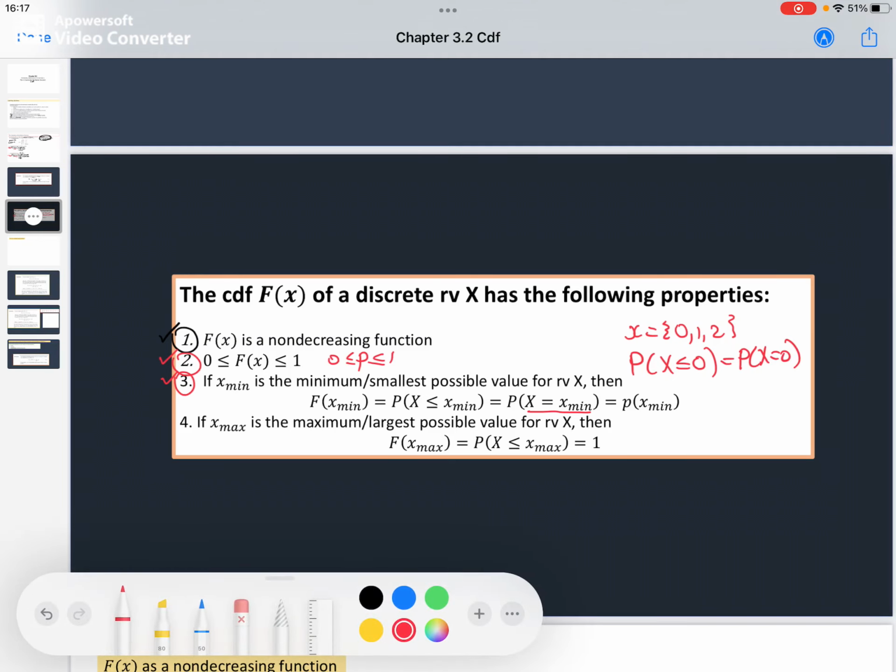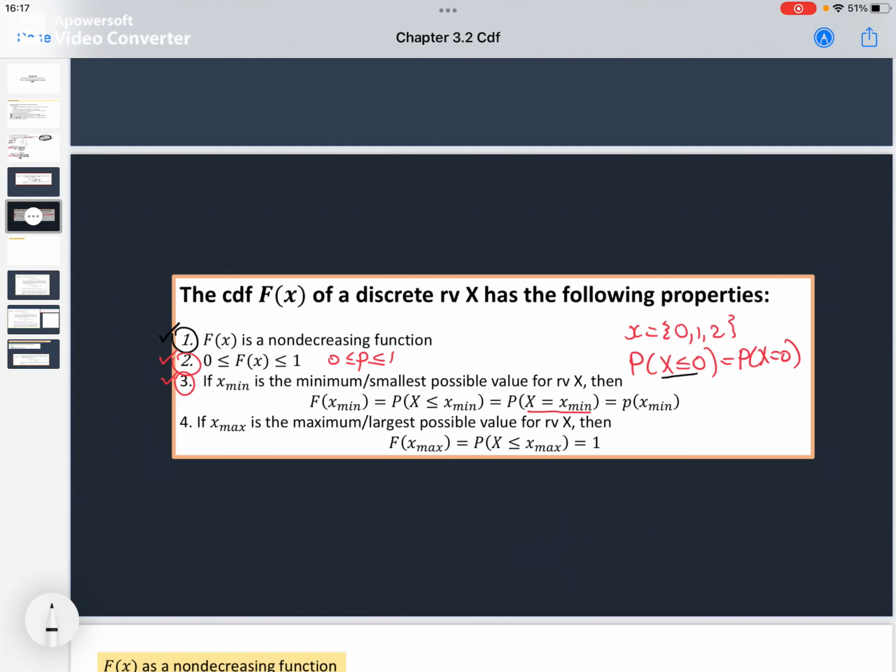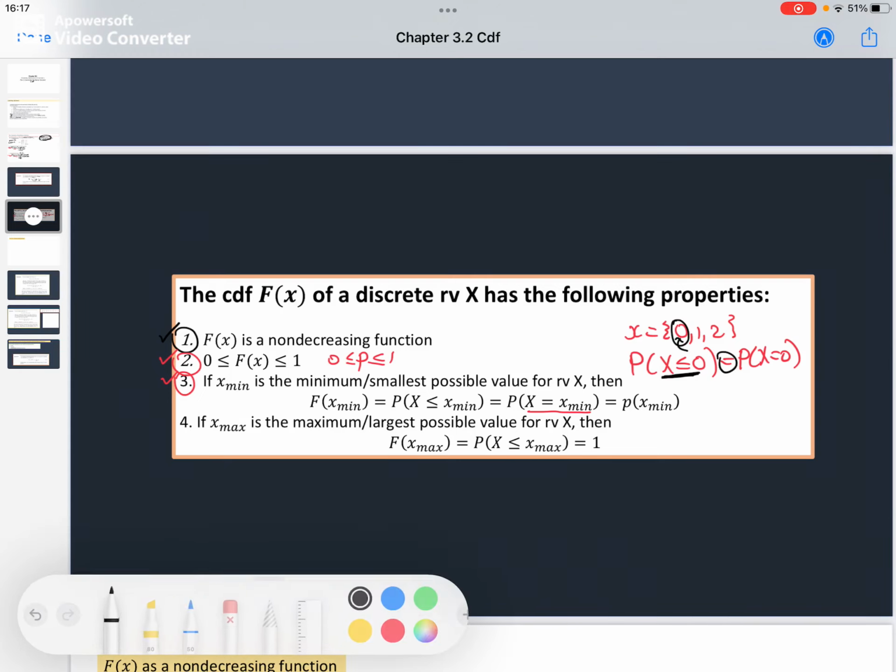Do you agree? Which possible value of X is less than or equal to 0? In this example, it's only 0. So we have the probability that X is equal to 0.